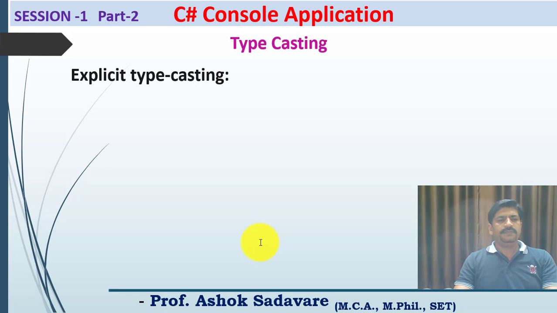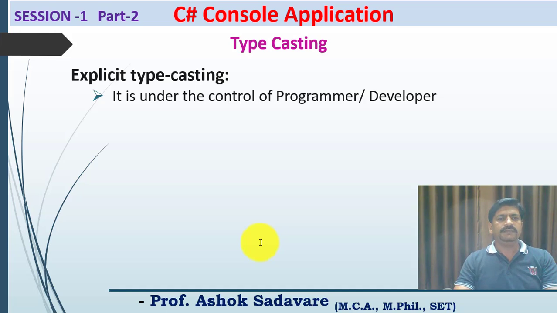the second typecasting method, which is explicit typecasting. Explicit typecasting is under the control of the programmer or developer itself. That is, the programmer should specify the type in which the variable should be converted.